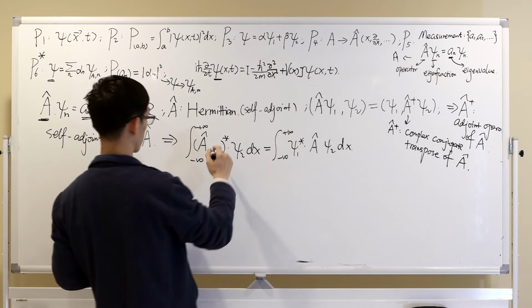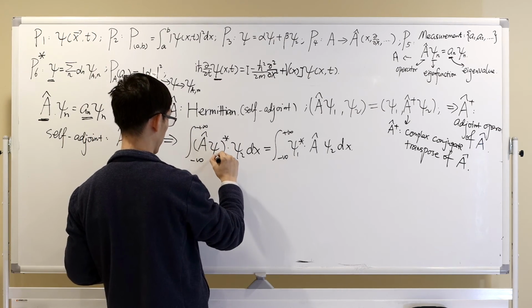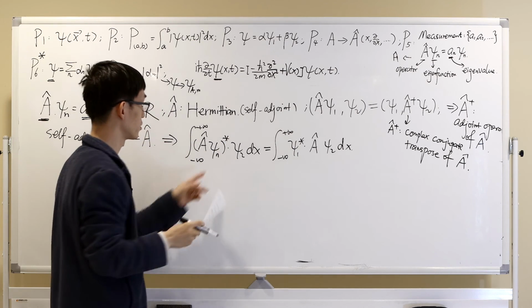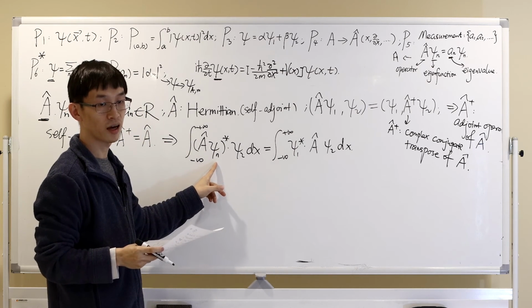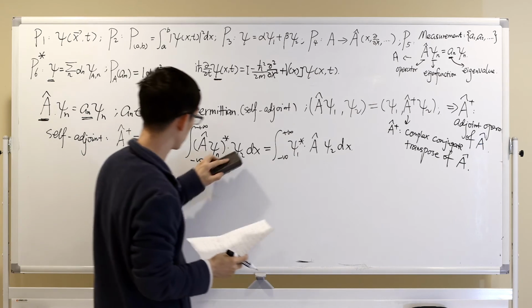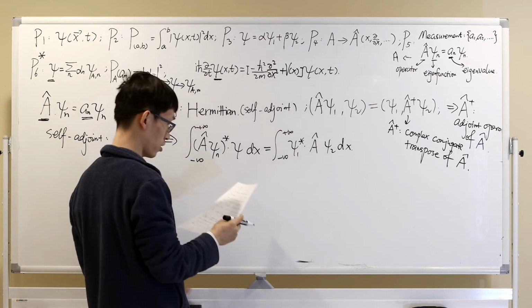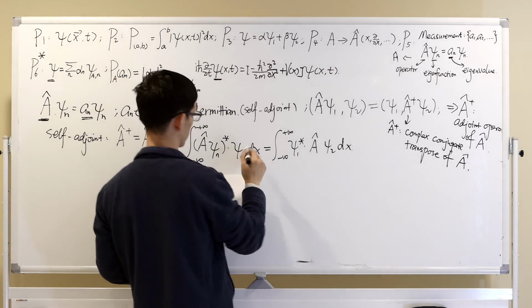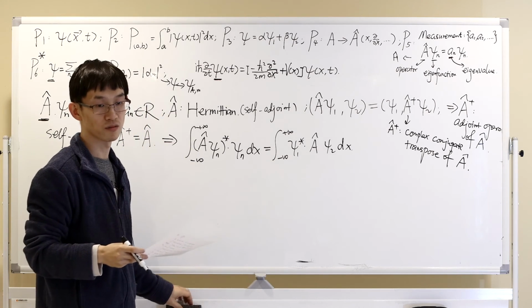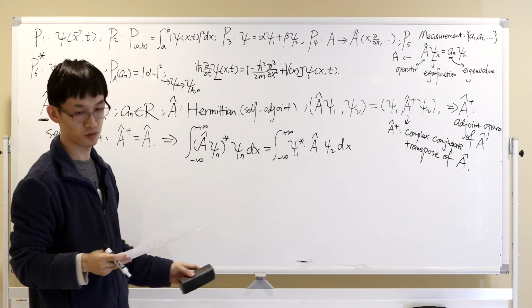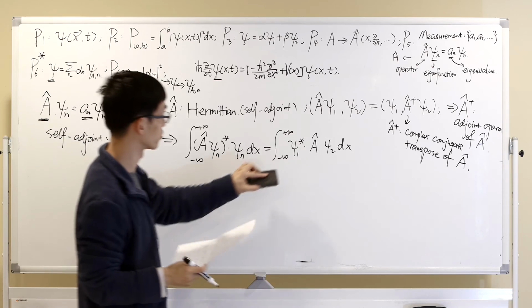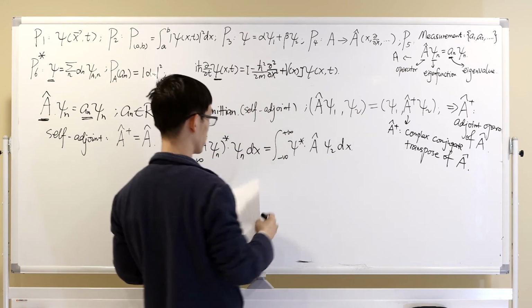So let's replace it with ψn, the nth eigenstate of A. And then we replace ψ2 also with ψn. Because it's any wave function, we can choose ψ1 equal to ψ2, and this equation still holds.